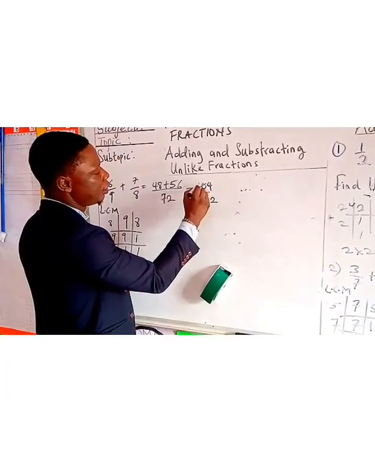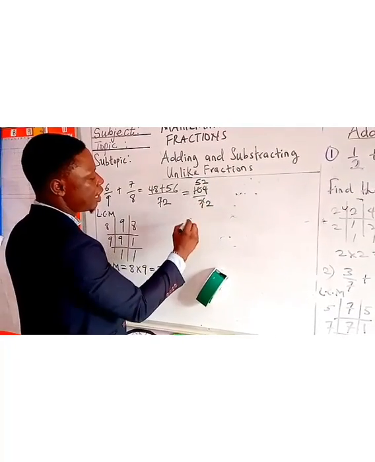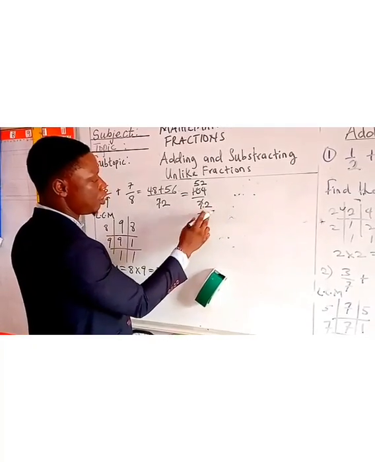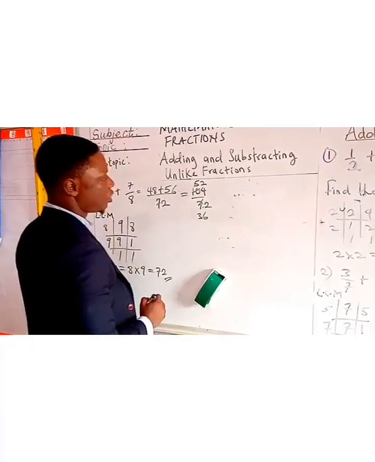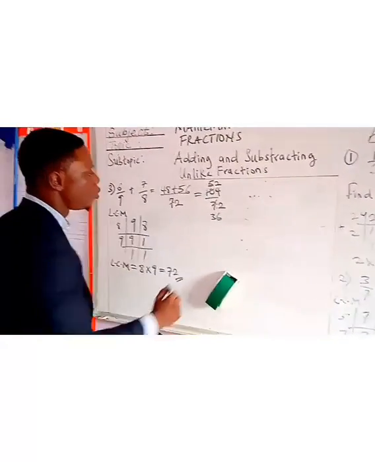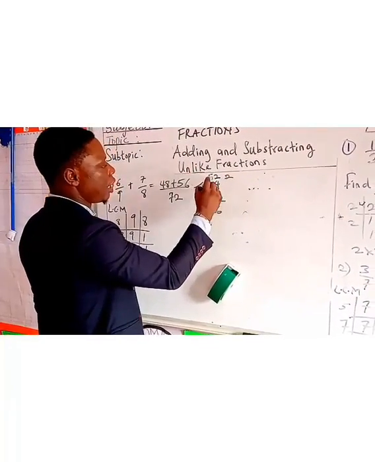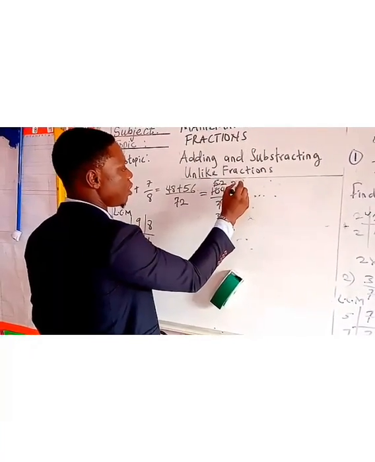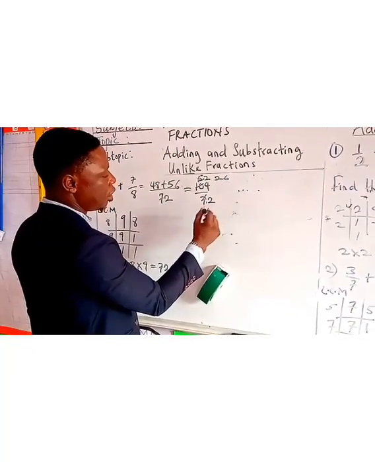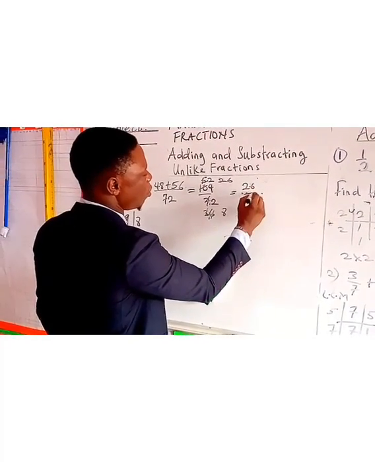So 2 in 10 is 5, 2 in 4, 2, 2 in 7, 3, remaining 1, that's 12 now, 2 in 12 is 6. Both end with even numbers, so we can still divide with 2. 2 in 5, 3, 2, remaining 1, added to these 2, that's 12, 2 in 12 is 6, 2 in 3, 1, remaining this 1, that will be 16, 2 in 16 is what? 8. So we have 26 over 8.